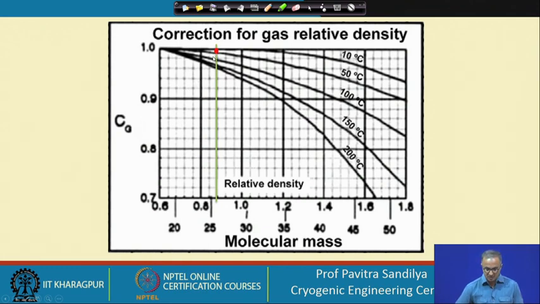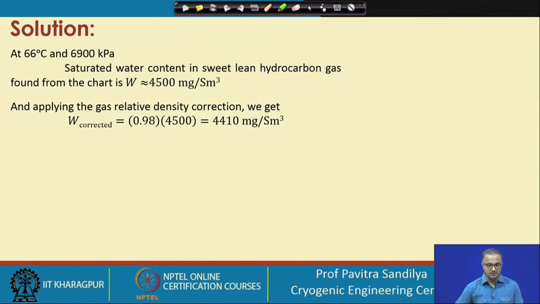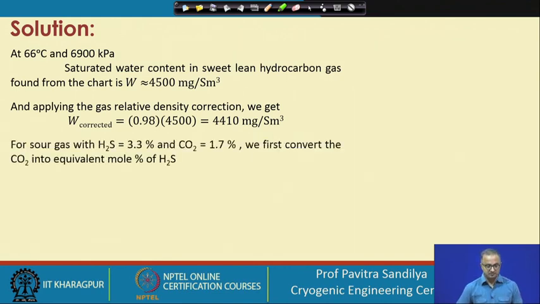Then we read out the correction factor, 0.98, and we apply this correction factor to the water content. We find that by this correction the water content has now decreased.